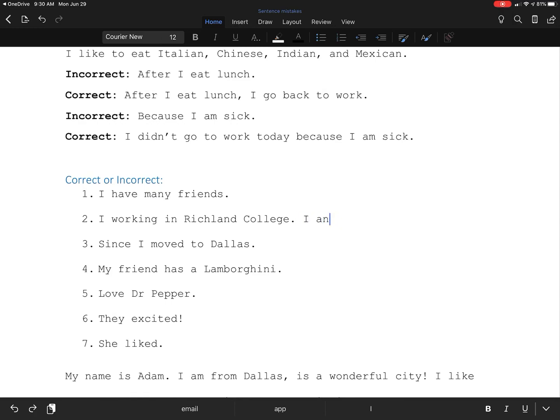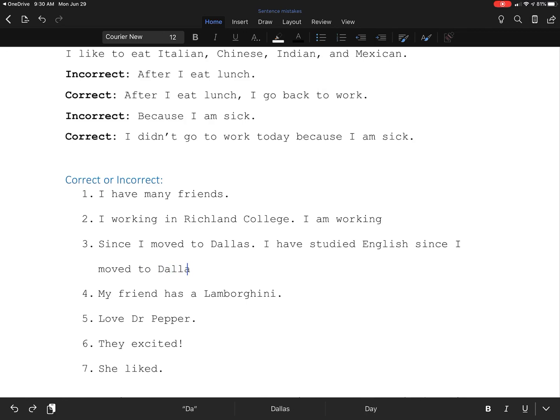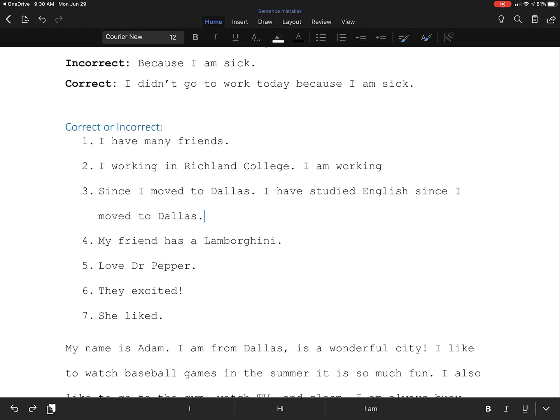To make it correct, we have to say I am working in Richland College. Since I moved to Dallas. This one is incorrect. Okay? It has to have 2 parts, just like the because. So maybe I have studied English since I moved to Dallas. That would be correct.